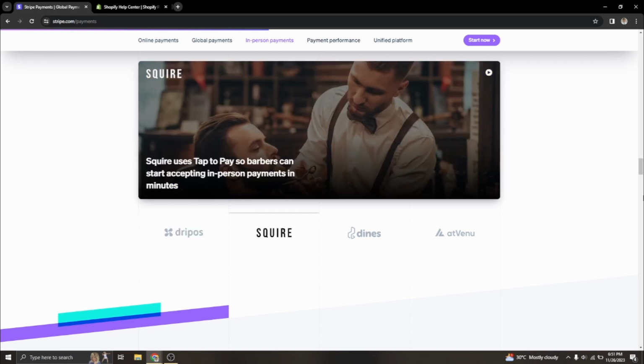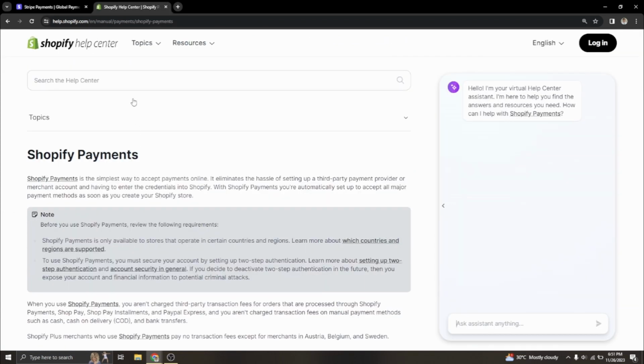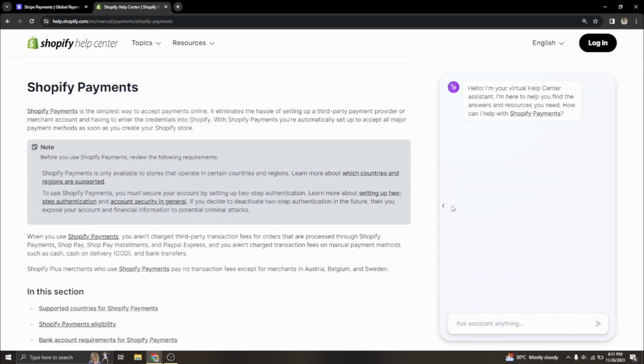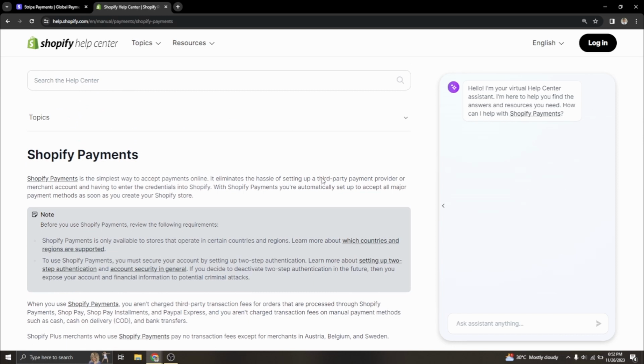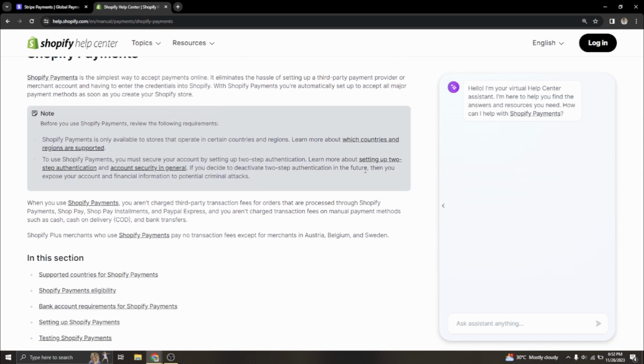It also has dynamic 3D Secure and dispute handling. In Shopify, they have the address verification system and card verification. This is also a safeguard for you to be aware of any kind of cyber attacks or fraudulent transactions.